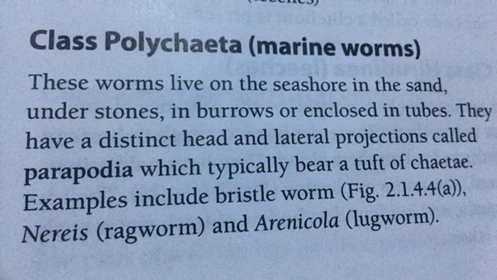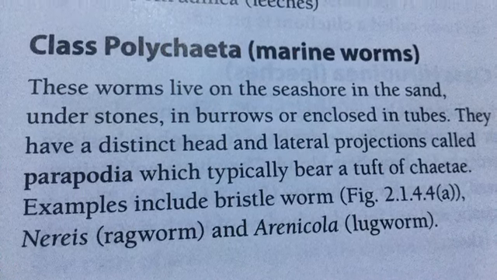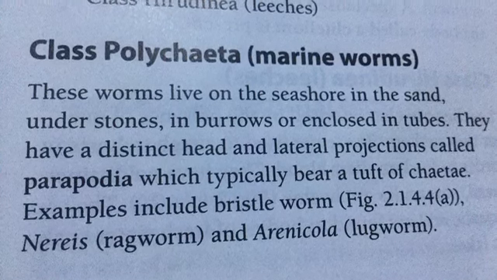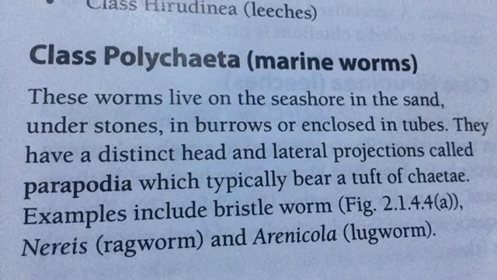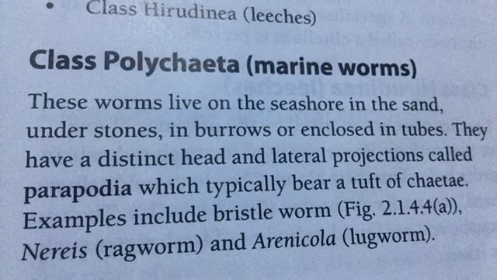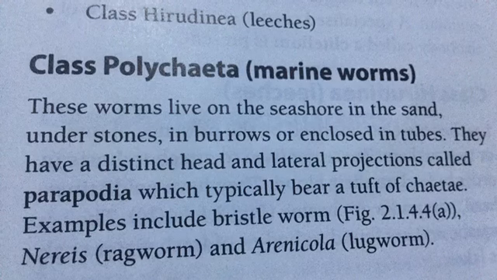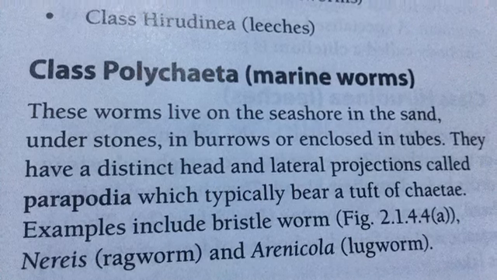Class Polychaeta, marine worms. These worms live on the seashore, in the sand, under stones, and in burrows, or enclosed in tubes. They have a distinct head and lateral projections called parapodia, which typically bear a tuft of chaetae.